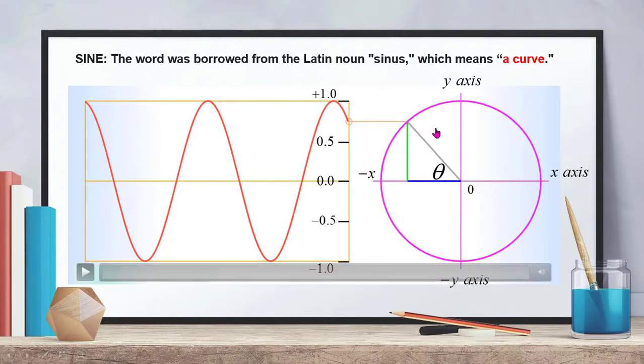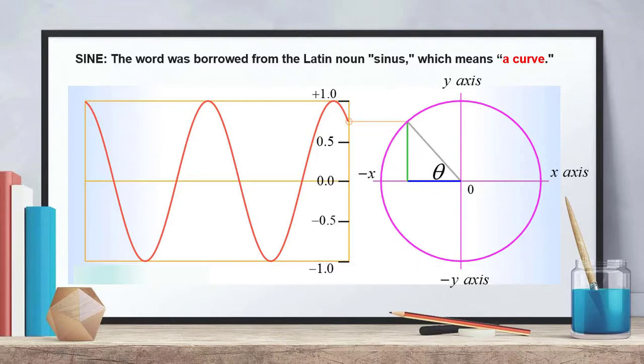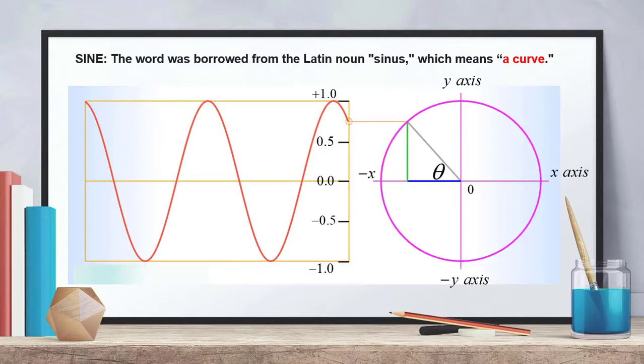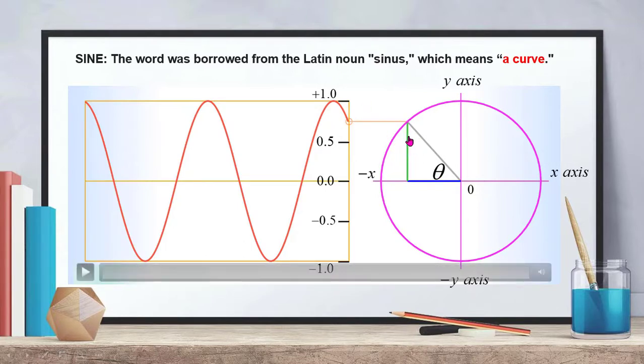And within this circle is a right-angled triangle, and within the right-angled triangle is angle theta, and the angle theta is opposite to the green side, so this is the opposite, and it is adjacent to the blue side, so this is the adjacent, and the longest side of this triangle is of course the hypotenuse.